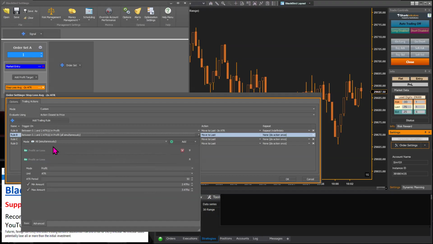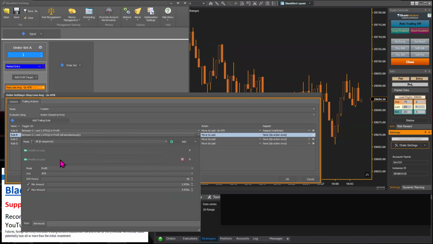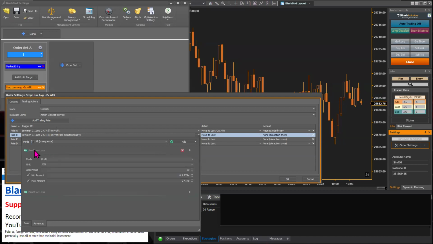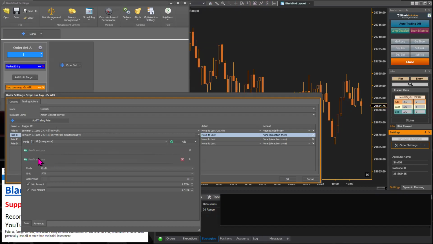So now the way we can get these trailing rules to execute in sequence is we have a mode here that says all in sequence. That means the trigger, the condition for rule A, needs to be up on top, and then the condition for rule B is second.